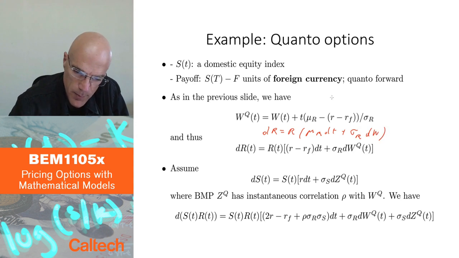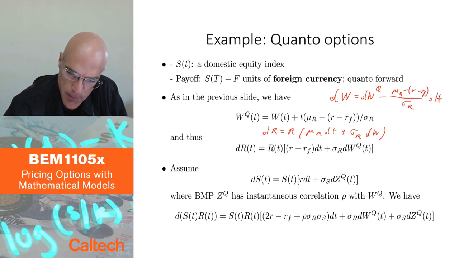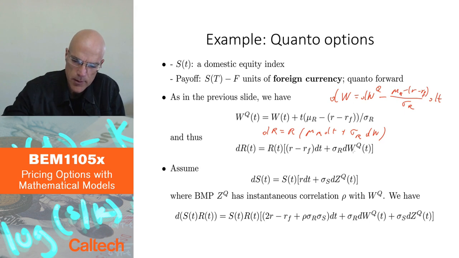And I also know from here that dW is dW^Q minus (mu_r minus r_f) over sigma_r dt, right? So this is what you replace inside the second red line for dW.